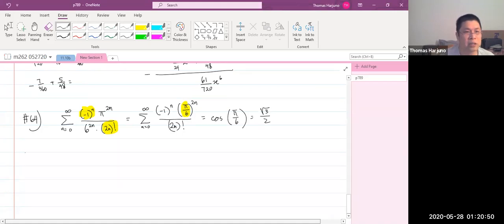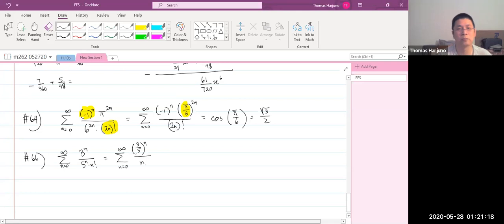Number 66. The series from 0 to infinity of 3 to the n over 5 to the n n factorial. Let me give you a hint. I will rewrite this as 3/5 to the n over n factorial.